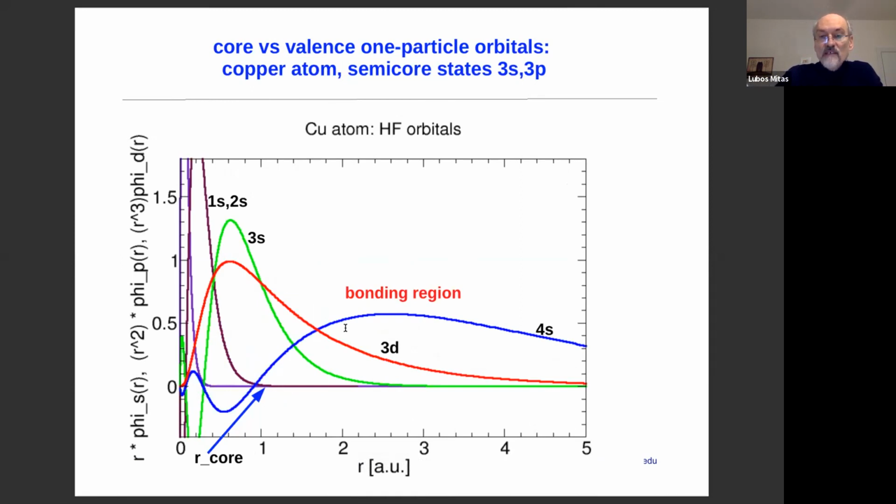The bonding region is then, of course, in the place where the 4s electron is dominant, but also a very significant part of the 3d goes there, and it actually goes beyond the bonding region. So the d state is kind of strange. It has a significant presence both in the core, but it goes through the whole valence, and the tail is actually long. So in this case, we see that this 3s state is kind of difficult to dismiss a priori. And in fact, we'll see that we'll need to include them into the valence space later.